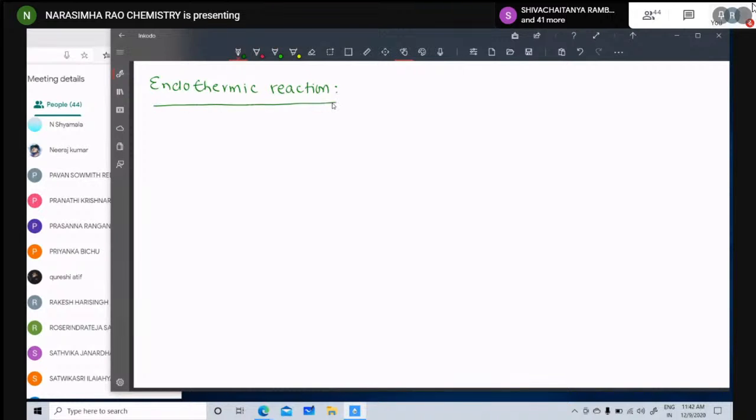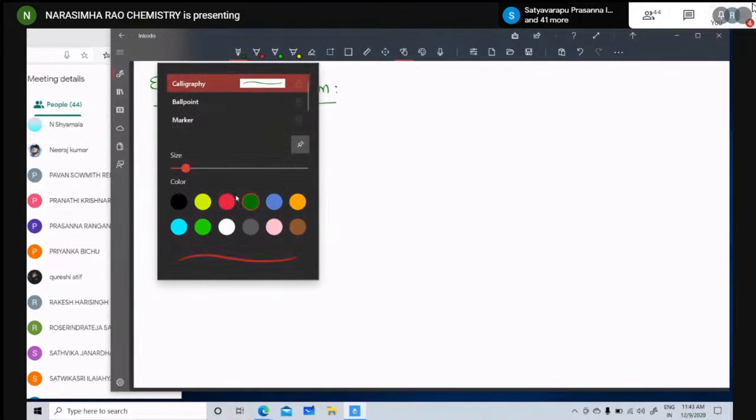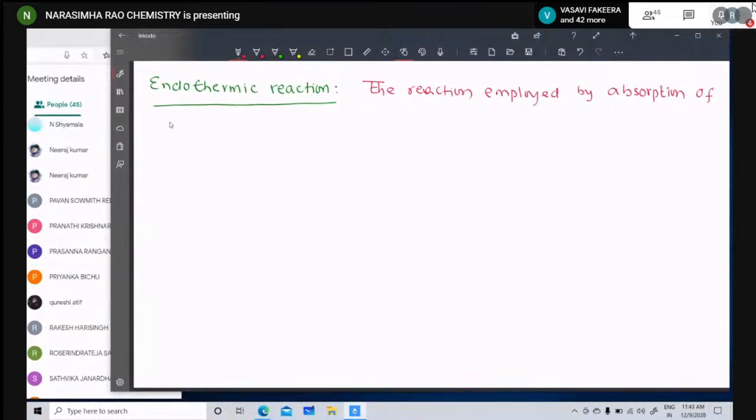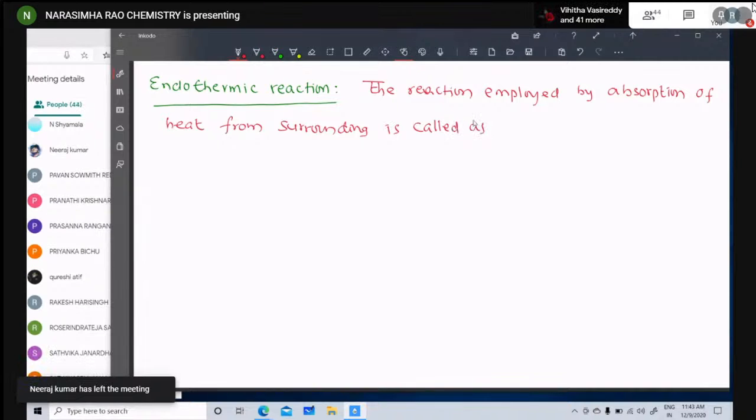The reactions which are accompanied by absorption of heat from surroundings are called endothermic reactions. Banu, understand?